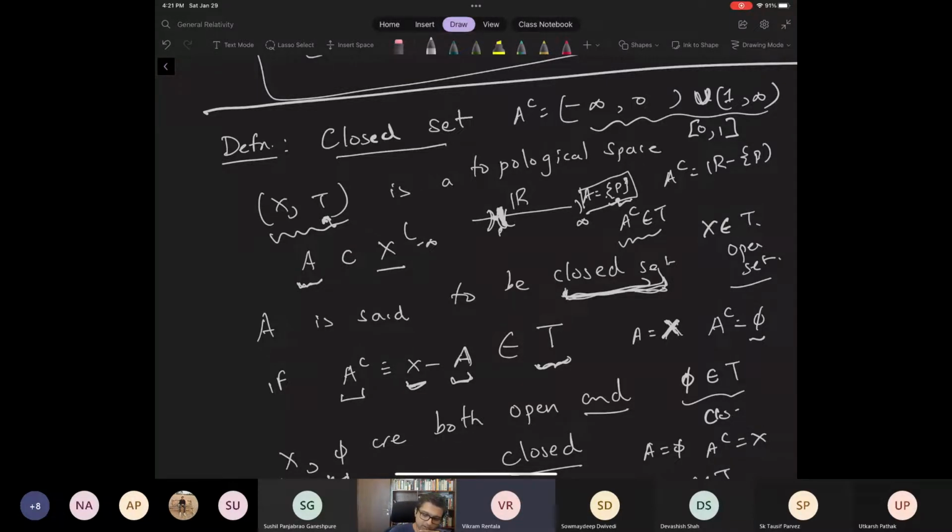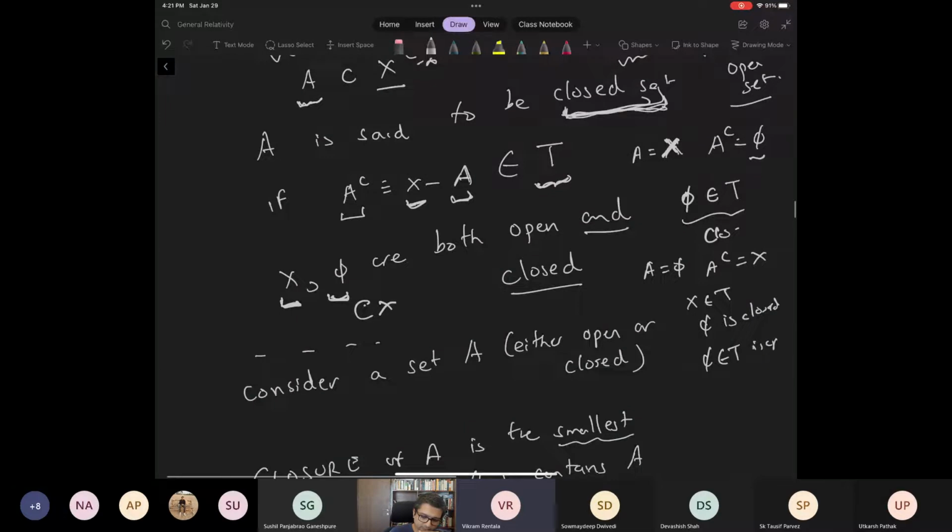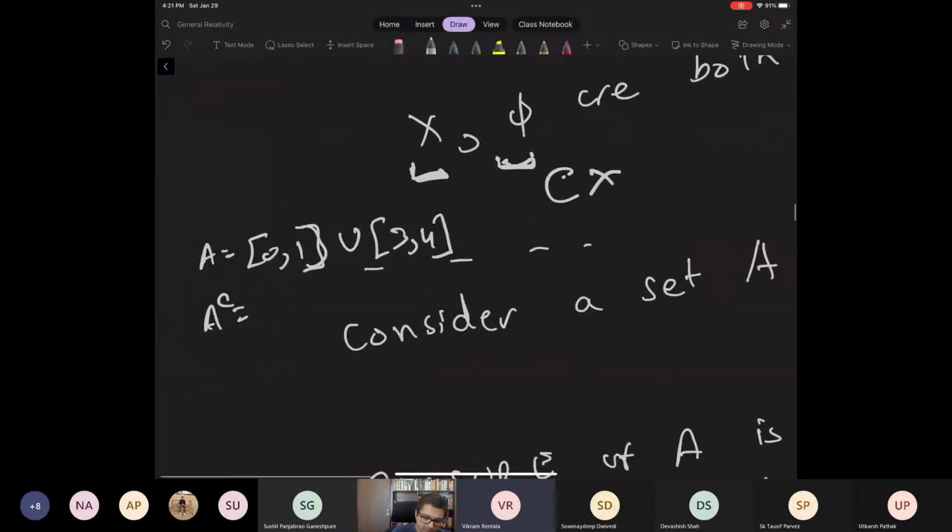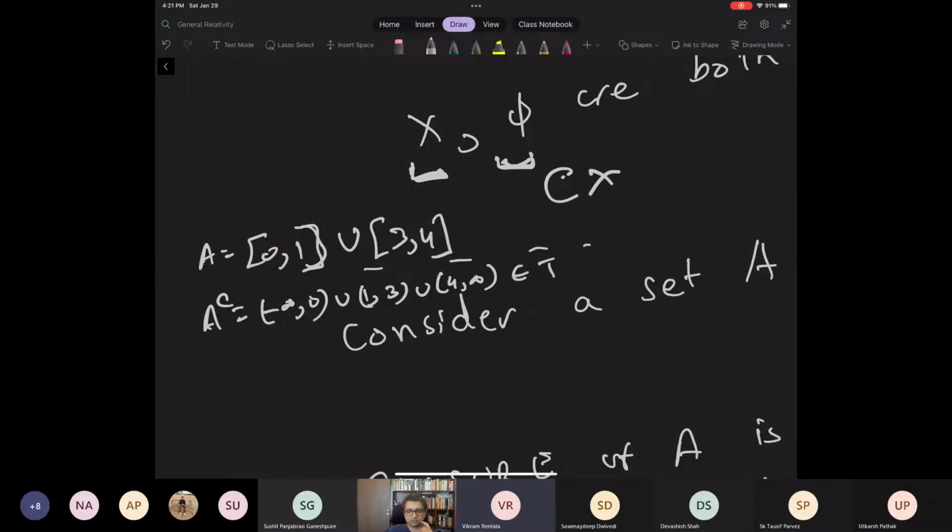Okay, so for example, if I take [0, 1] union [3, 4], you can see what the complement of this would be. The complement of this would be (minus infinity, 0) union (1, 3) union (4, infinity), which belongs to T because it's a union of open intervals.